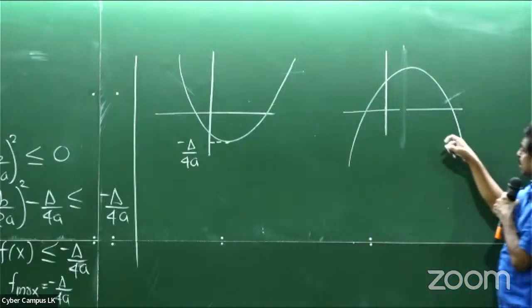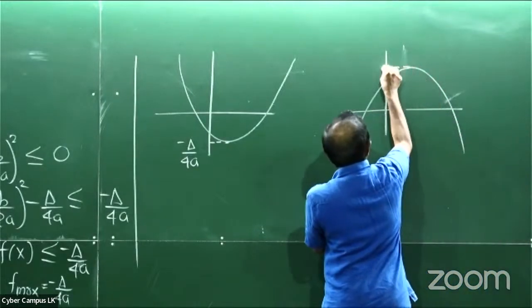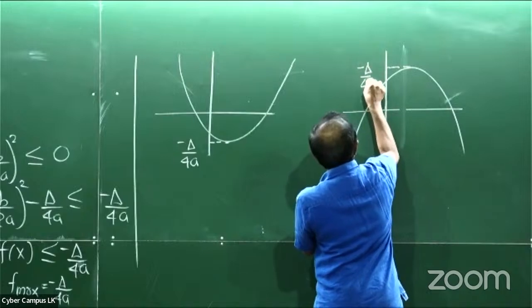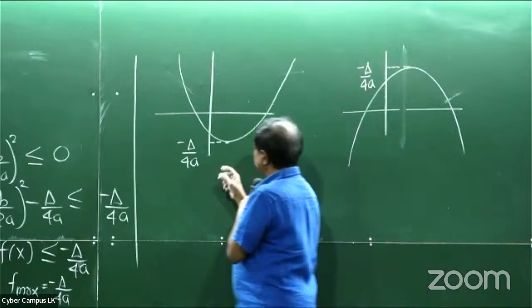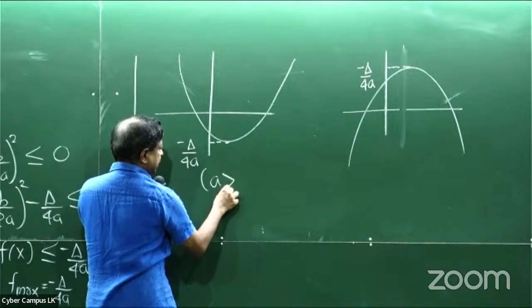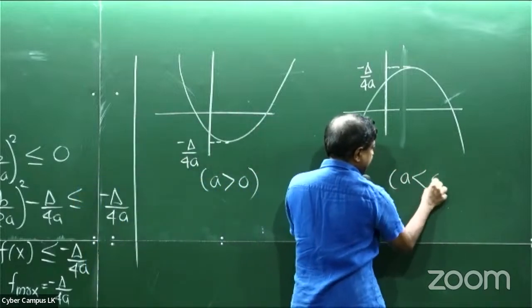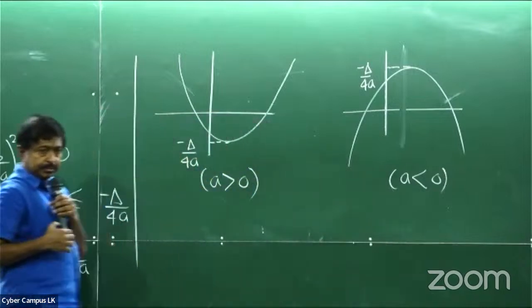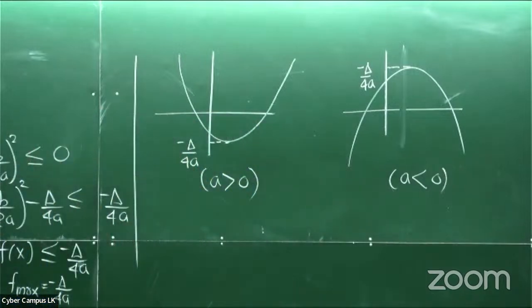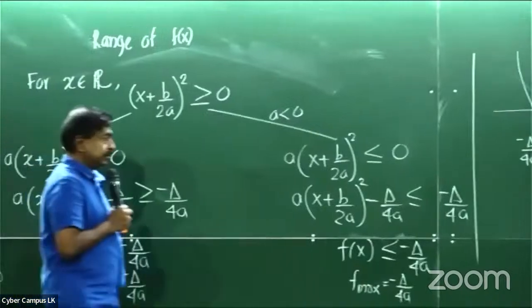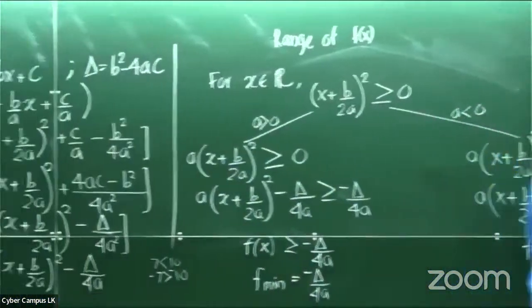Now it has a maximum value, which is again delta over 4a. This is for the case where a is greater than 0. This is for the case where a is less than 0. Right. You take that down, then we'll do an example.